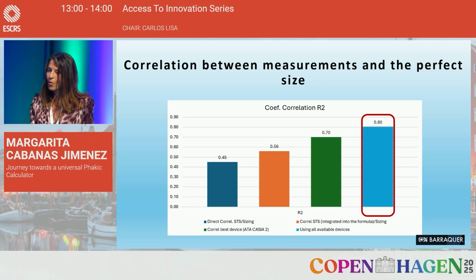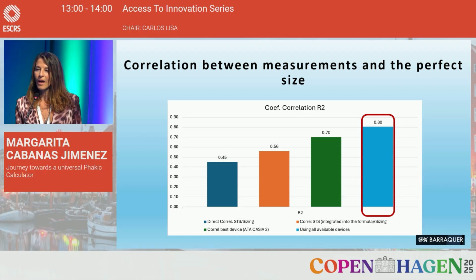With Cassia, we have a very good relationship, but the most important thing we found is that when all available measures are used, combined with ciliary, the correlation reaches an R square of 0.8.